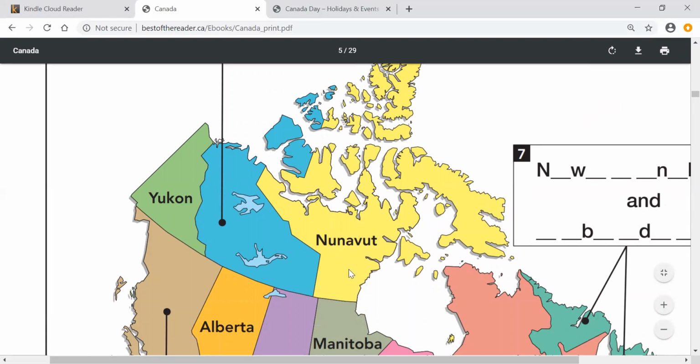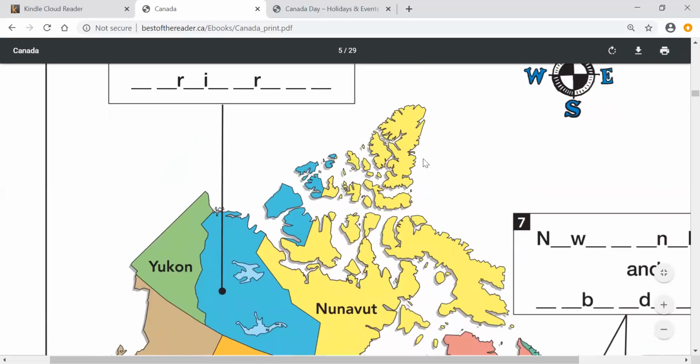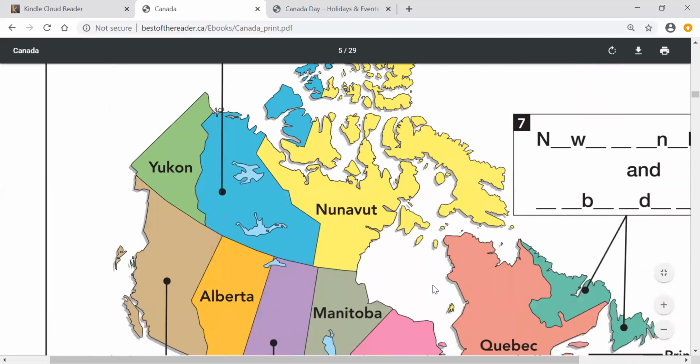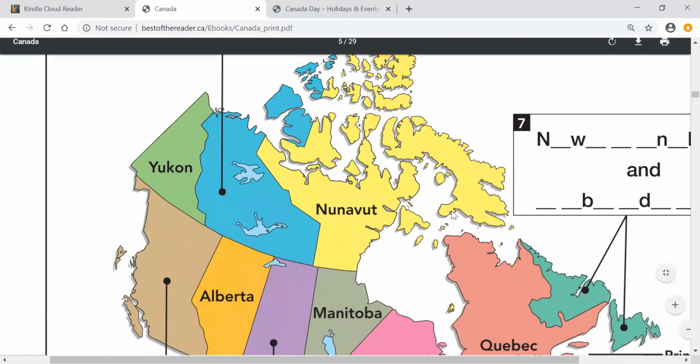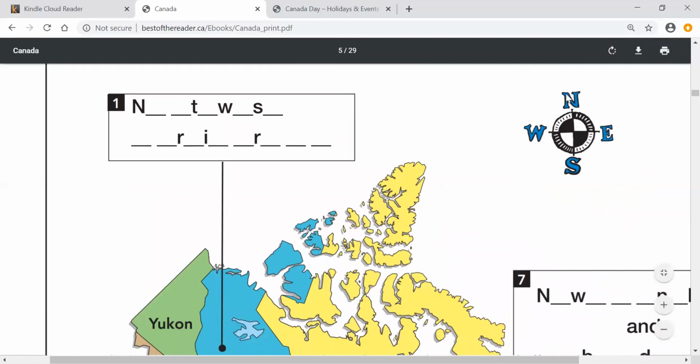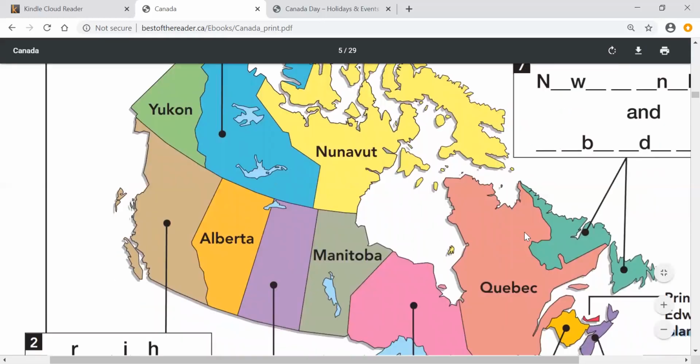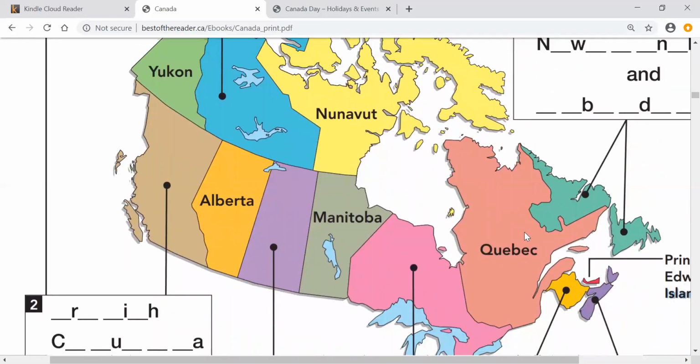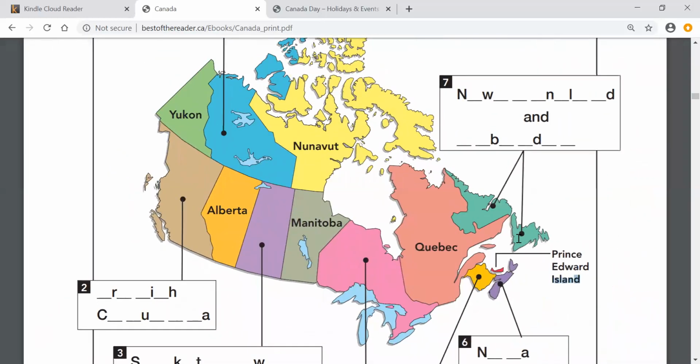And the last one is Nunavut. Nunavut is a very, very cold territory. Up here, maybe nobody lives because it's very cold. It is in the north of Canada. So these are the provinces and territories of Canada.